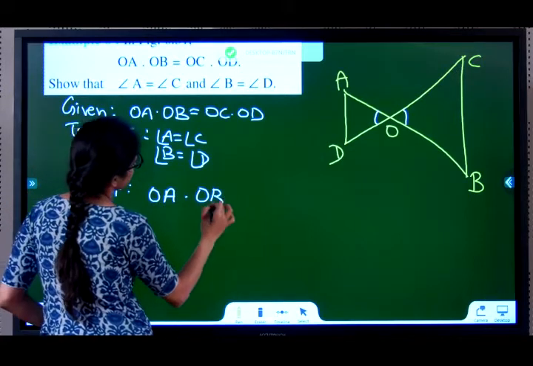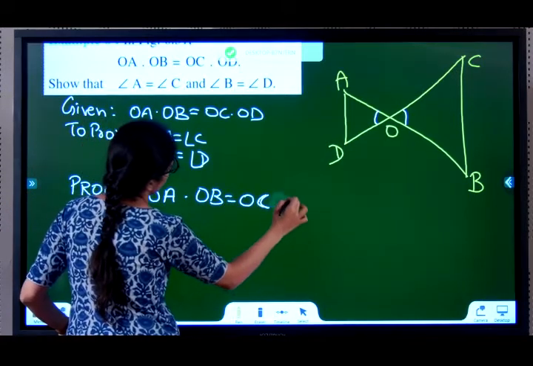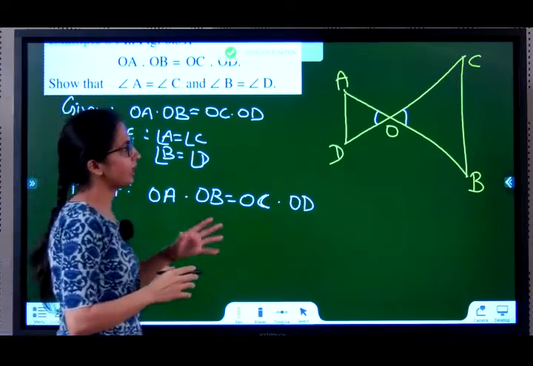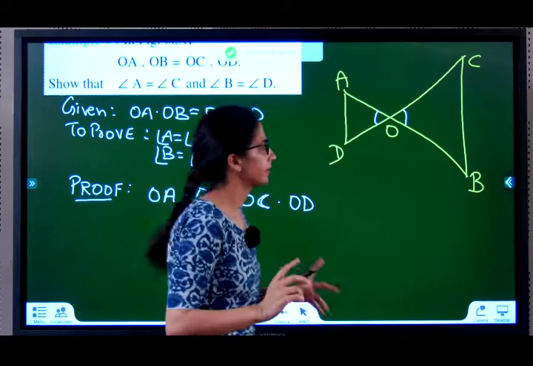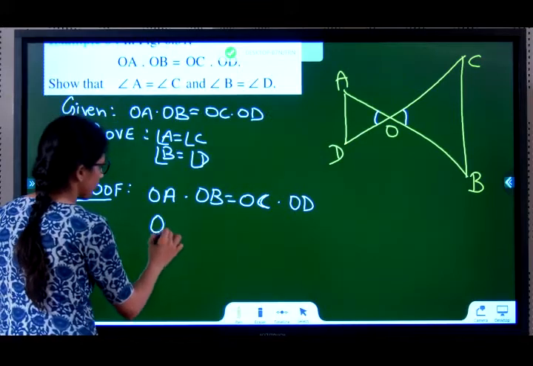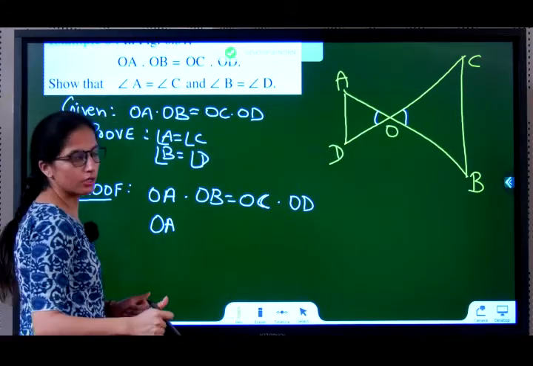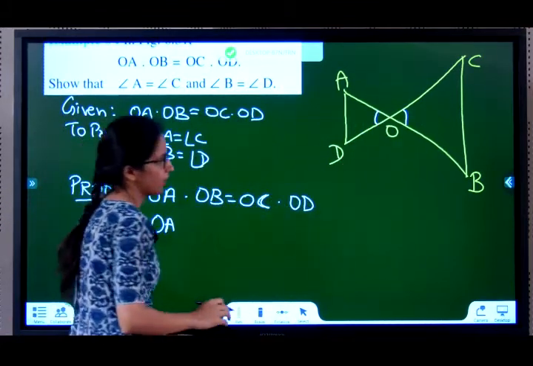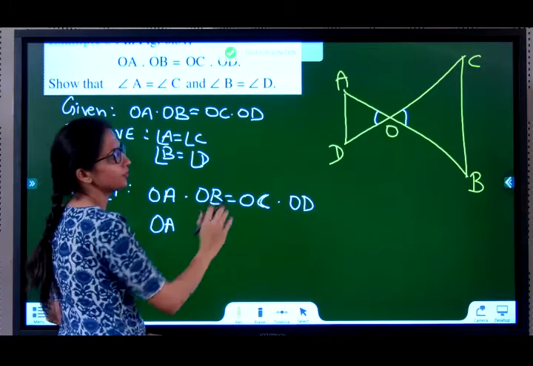OA into OB is equal to OC into OD. This is given. I have to rearrange this so that I get sides are proportional. See, OA belongs to triangle 1. Good. Denominator of OA should have someone from triangle 2.